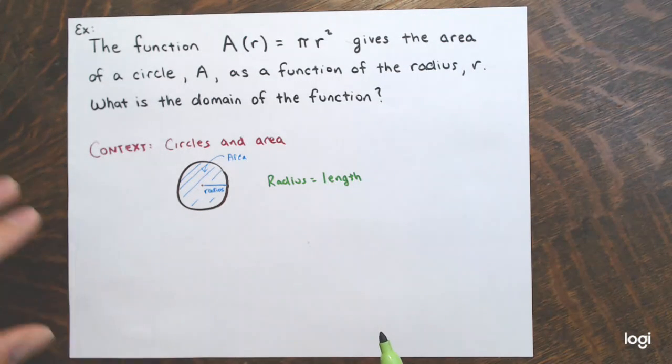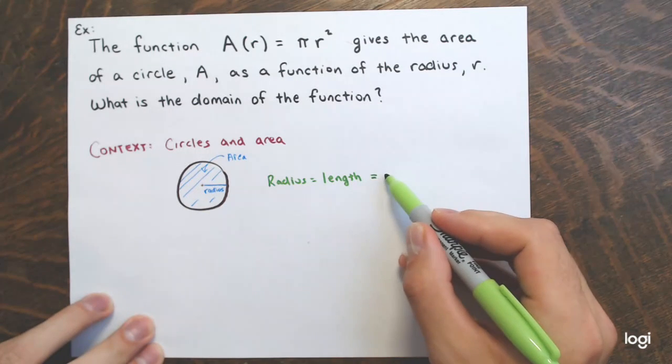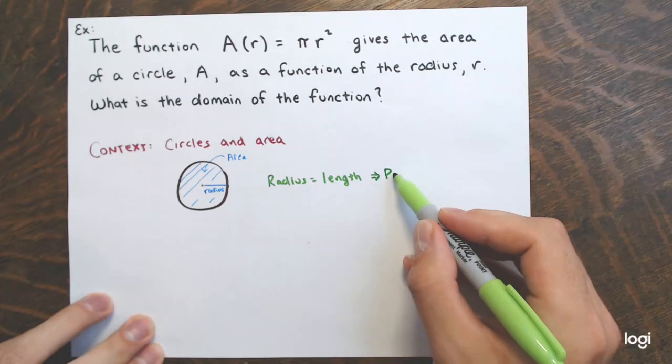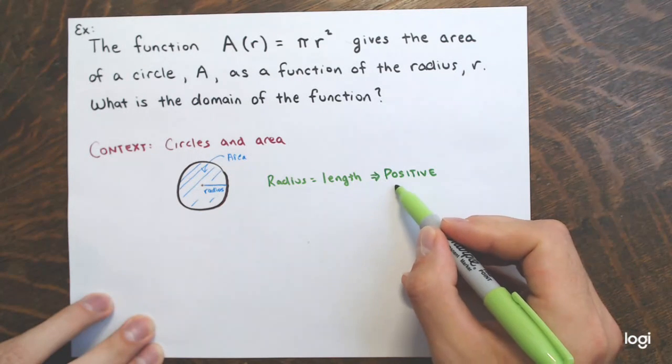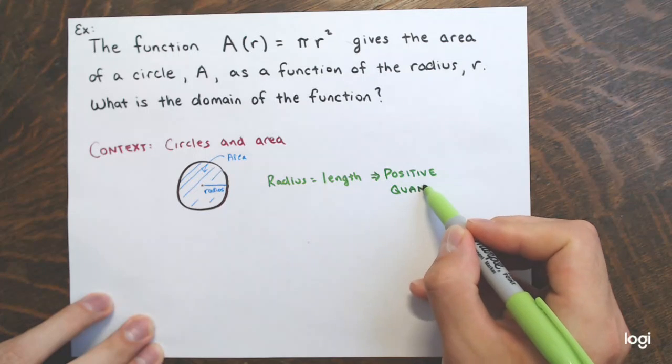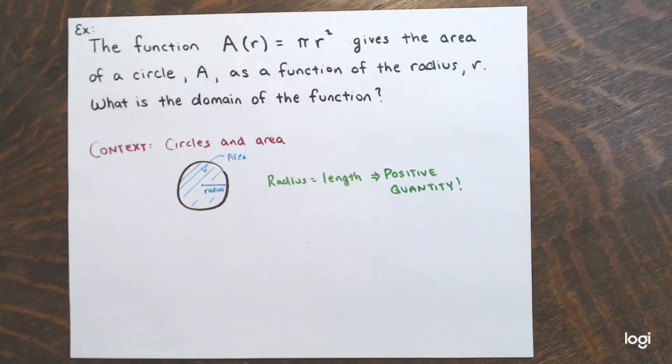And the length of a segment is a positive quantity, because it doesn't make sense to have negative length.